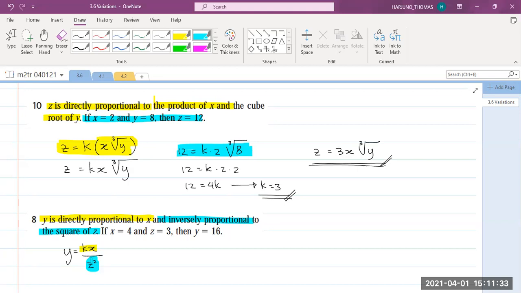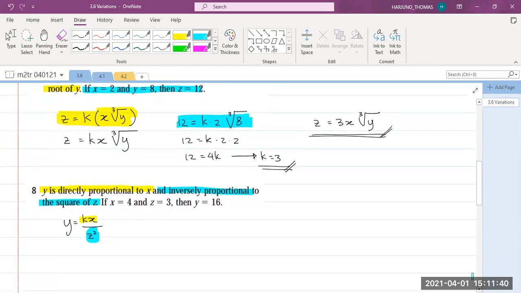Okay, so that's the basic formula. Now let's find the k. If x equals 4, z equals 3, then y equals 16. So 16 equals k times 4 over 3 squared. That's 16 equals k times 4 over 9.